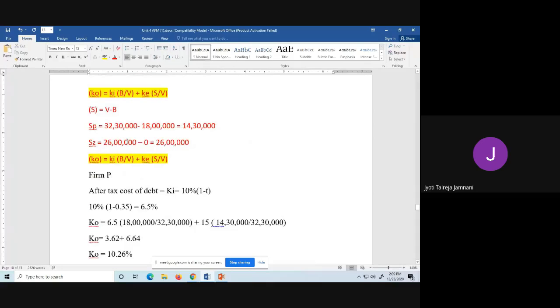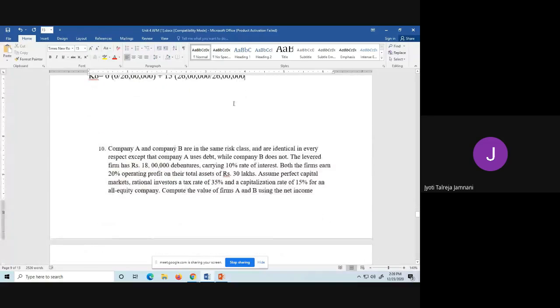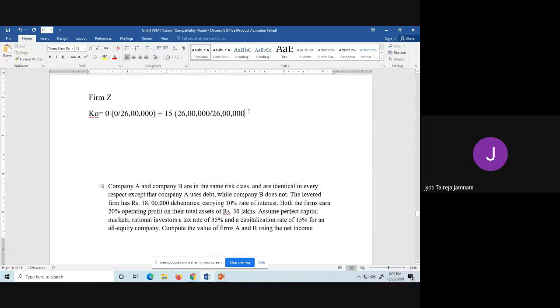See here, value of equity for Z you found out 26 lakh and value of the firm is also 26 lakh. So the answer would be 15%.